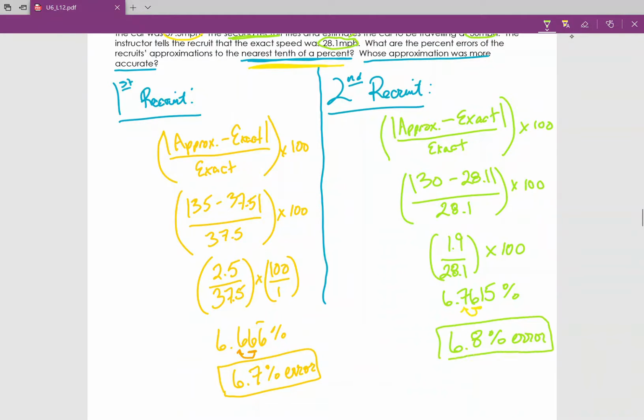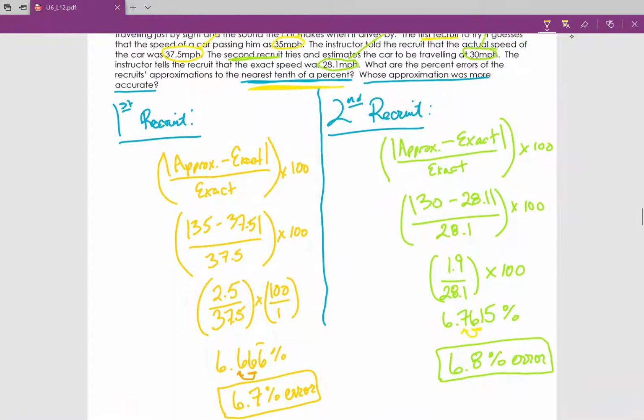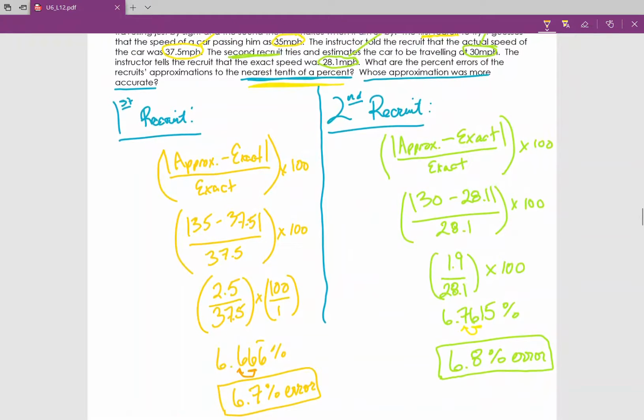Now it wants to know whose approximation is more accurate. The second recruit's error is bigger than the first recruit's.